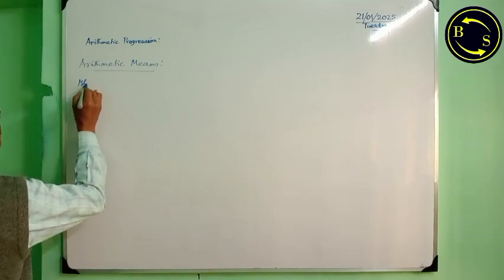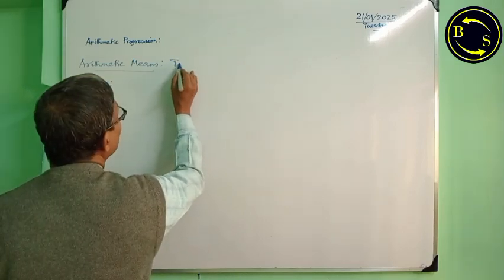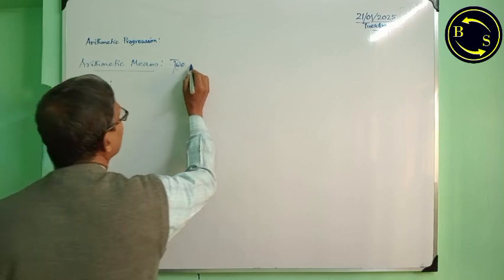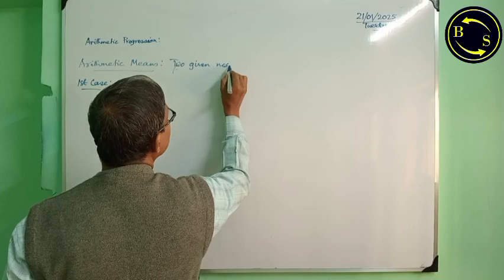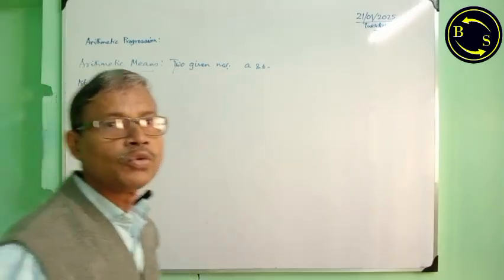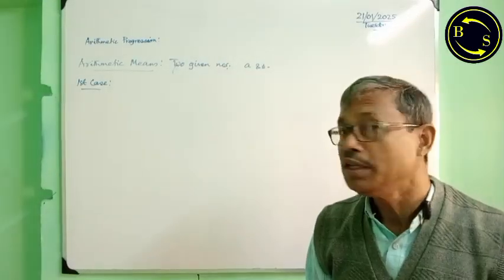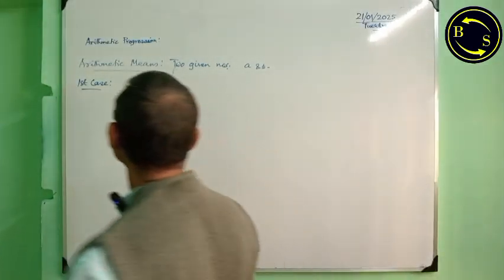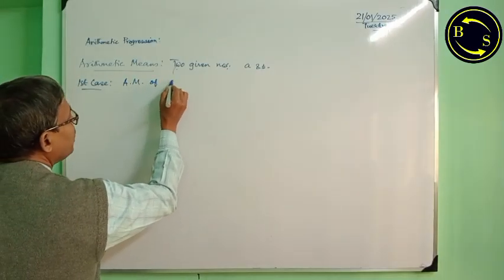First case, two given numbers A and B. We have to find the required number of arithmetic mean or means. First case, arithmetic mean. We write in short AM of A and B.